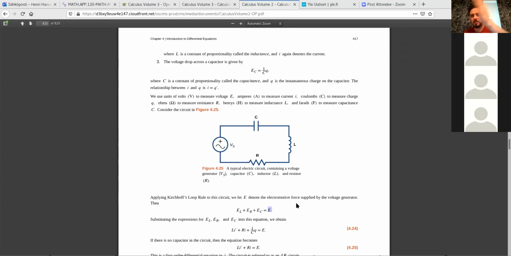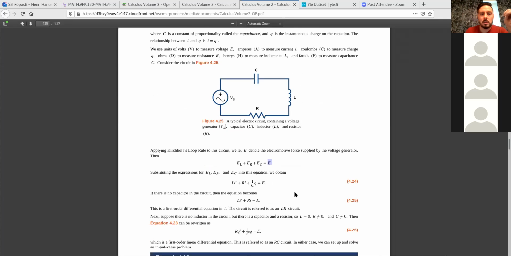So all voltage is used along this circle. Now we can formulate this: we see the voltage drop of the inductor, the voltage drop of the resistor, and the voltage drop of the capacitor.